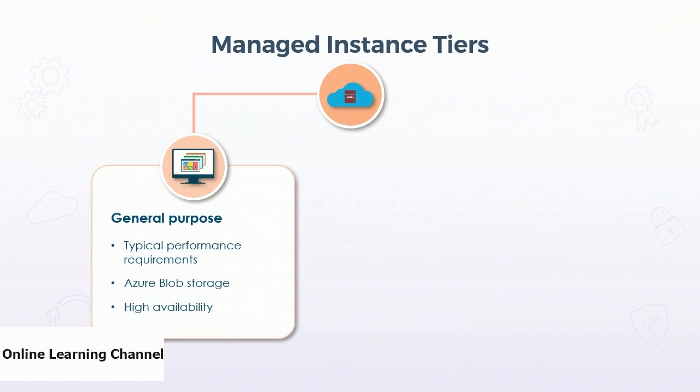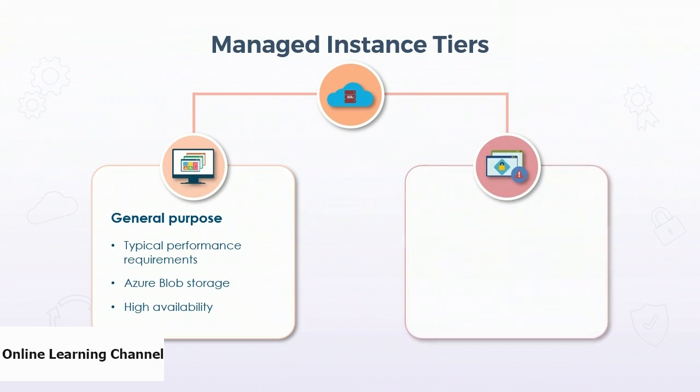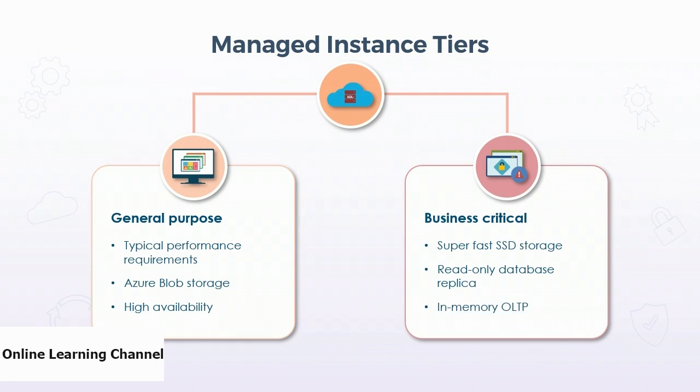If you're not running business-critical applications, this is the tier to use. The other tier is business critical. It offers solid-state drive storage for very high performance to guarantee low latency. It also offers read-only replication of the database to guarantee data integrity, and has in-memory online transaction processing, which makes business transactions reliable.